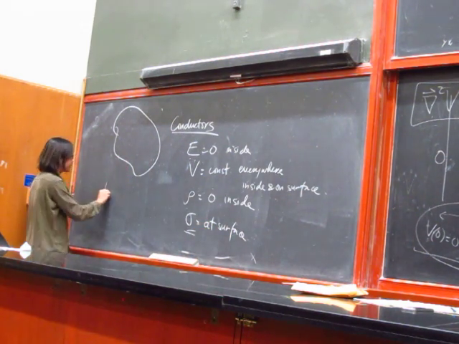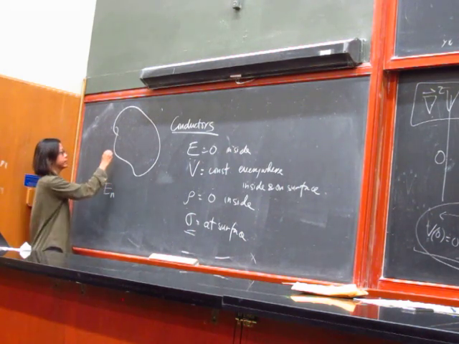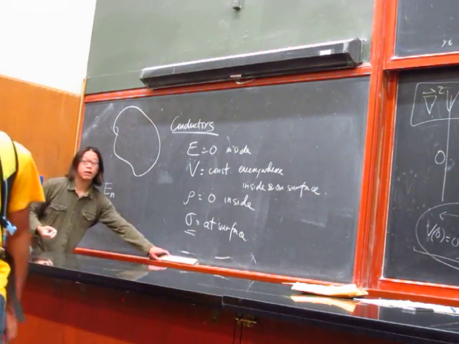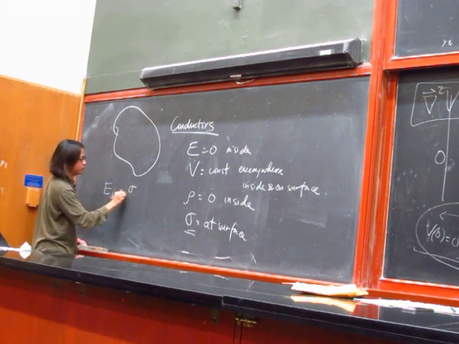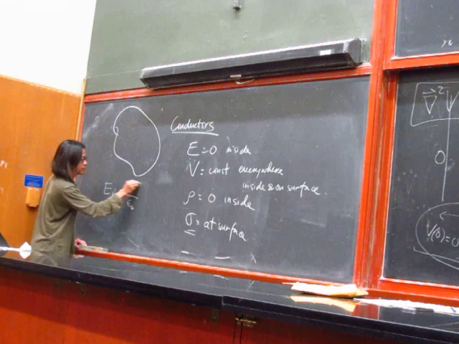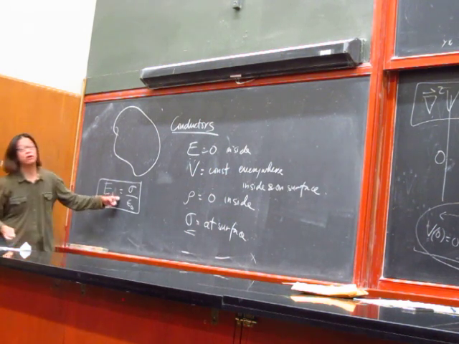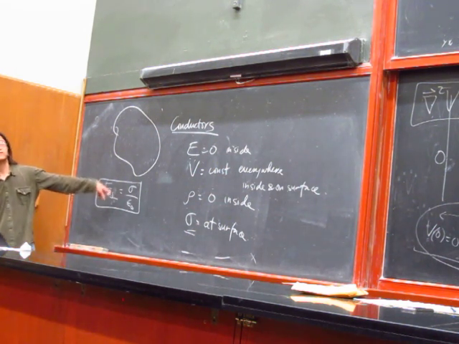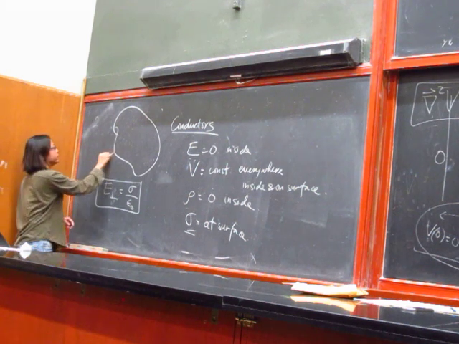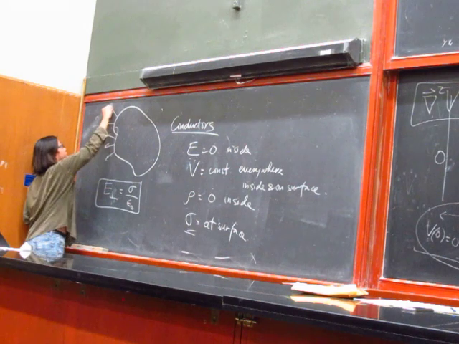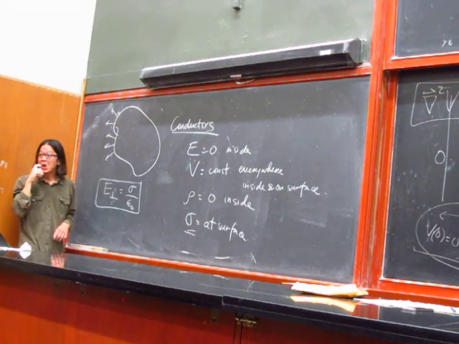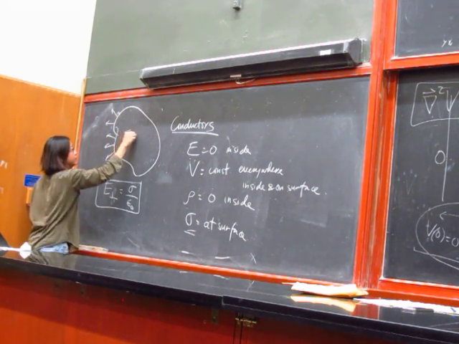the electric field normal is going to be given by sigma over epsilon naught. This is from Gauss's law, the first thing that I wrote earlier. Everywhere here, if there is a field, it will be normal, and it's 0 in here.